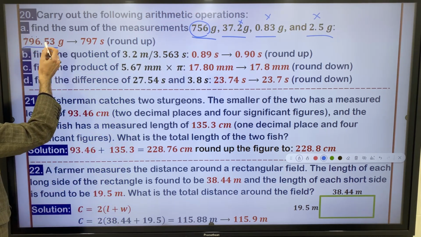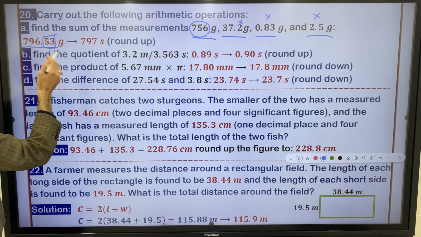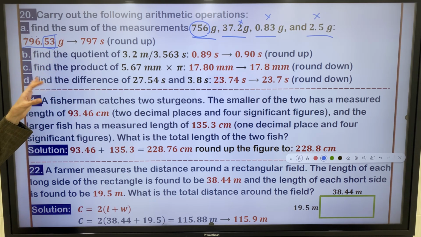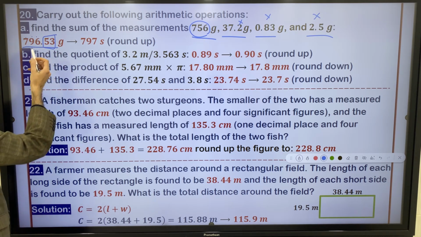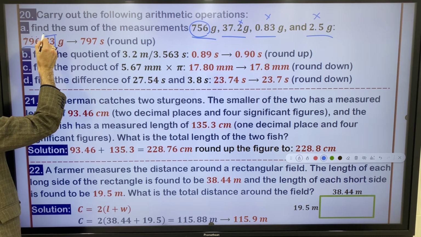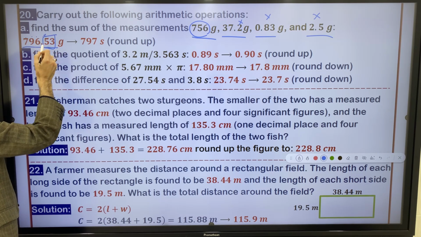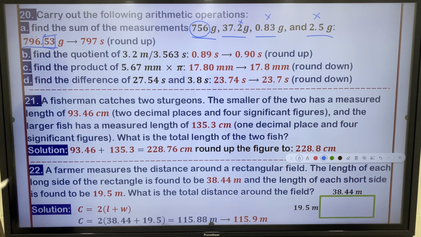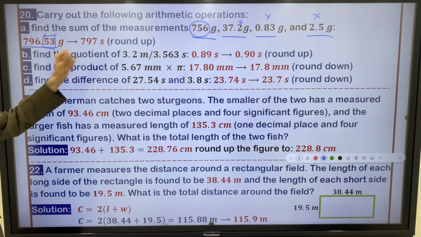So here, these numbers are removed from the figure, but the number after the 6 is followed by what? 6 followed by 5. That's why 796 should round up to 797.